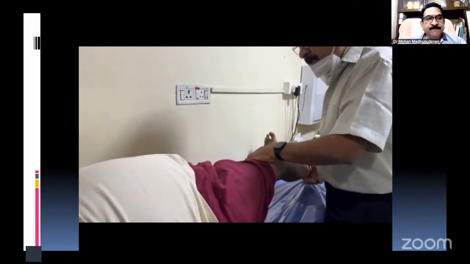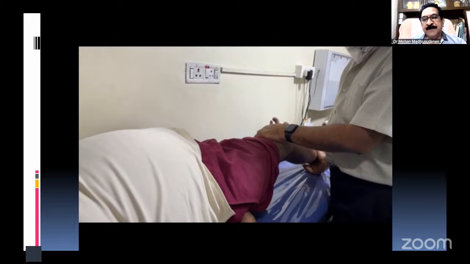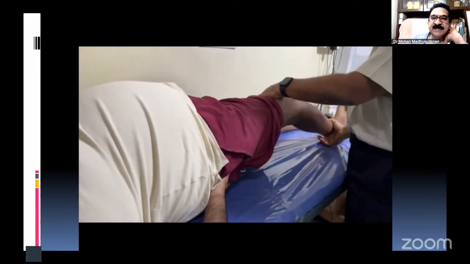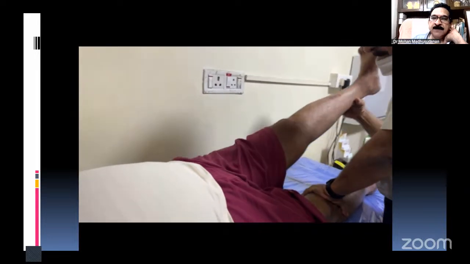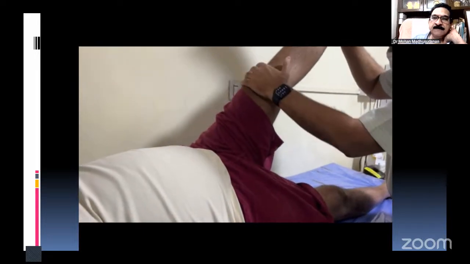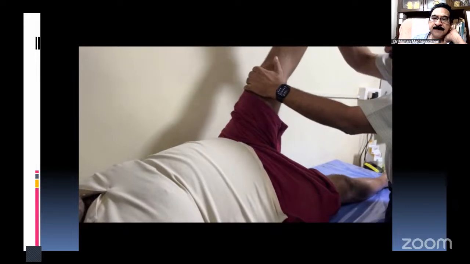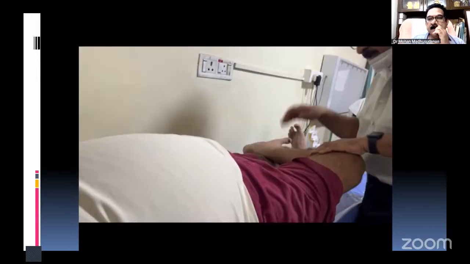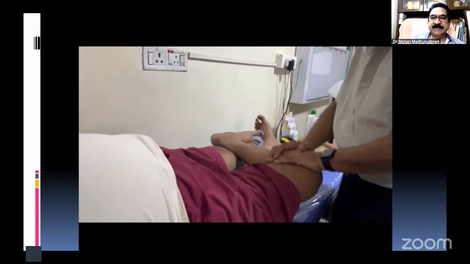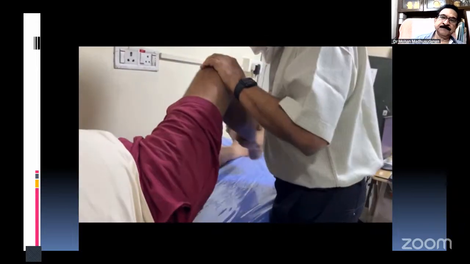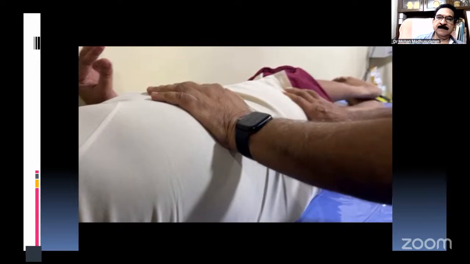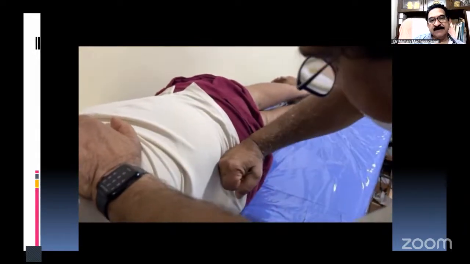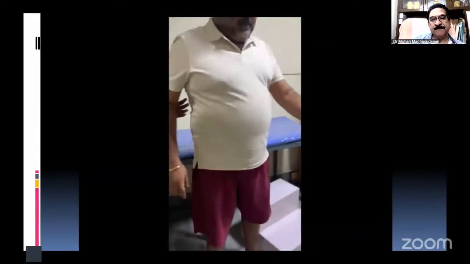SLR, see when you bring the leg down, he was screaming. Just the opposite of SLR. See when he's lifting up, there is no pain. When you bring it down, he screams. Hip test was negative. Hip rotation was also normal. On checking the back, his sacroiliac, there is mild tenderness on the back.